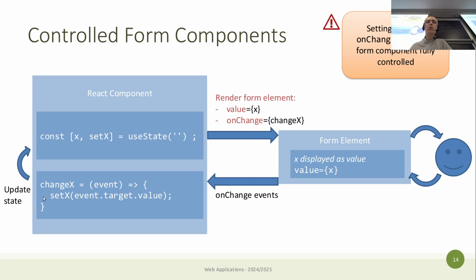And on change, we will call the set state function of React, and we will update the state using the new value. And you see how easy it is. event.target.value.